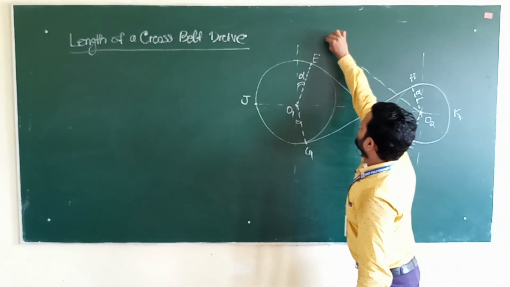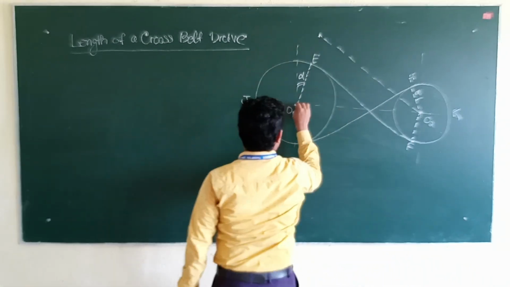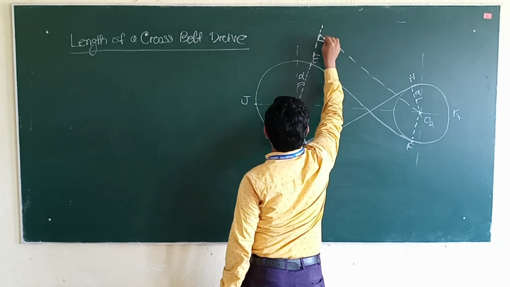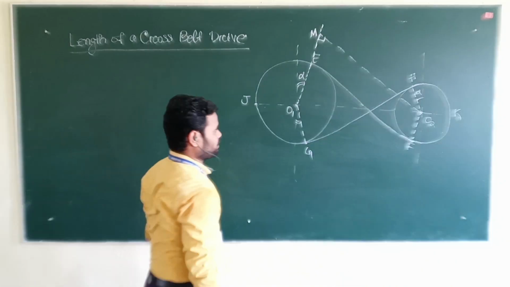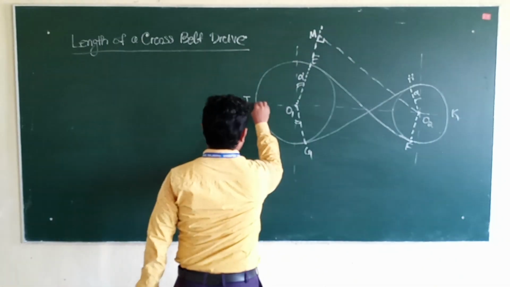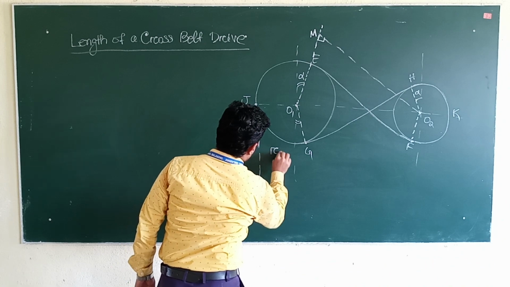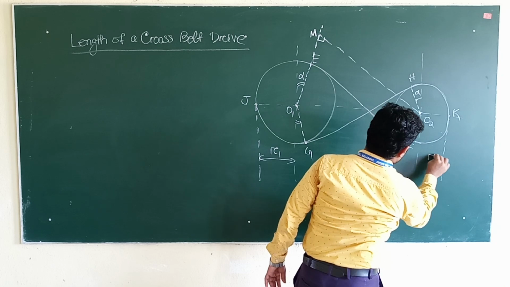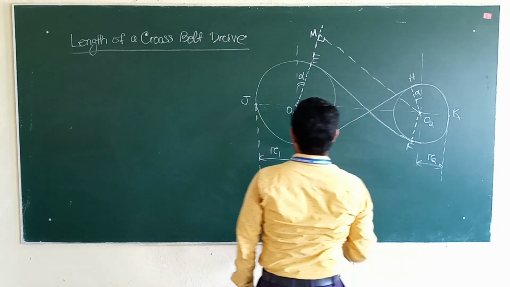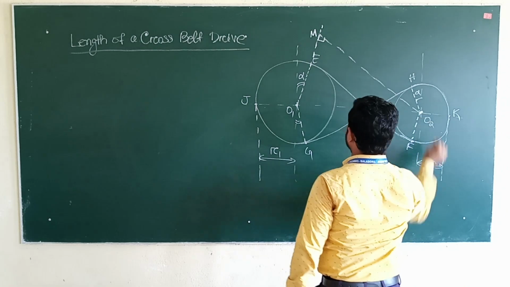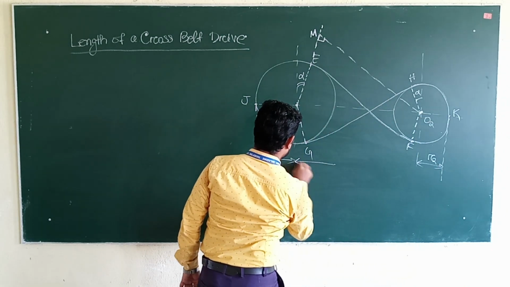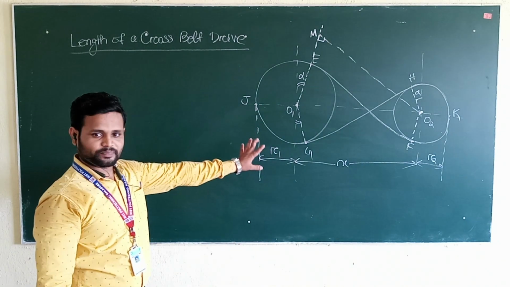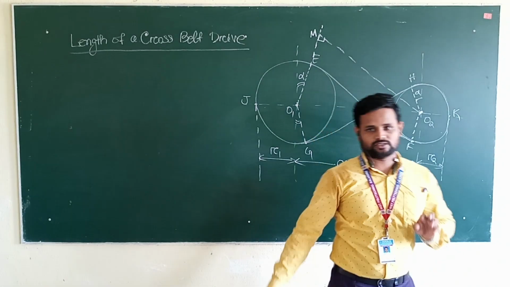If we extend O1E towards the outside, then this will make the perpendicular at point M. The radius of the larger pulley is R1, the radius of the smaller pulley is R2, and the center distance between the larger pulley and smaller pulley is small x. Clear? These are the cross belt drive notations.